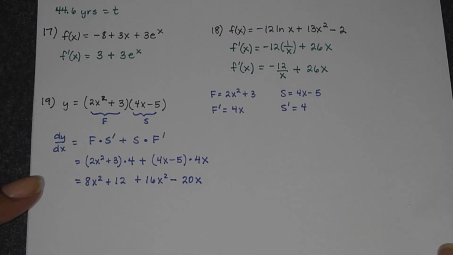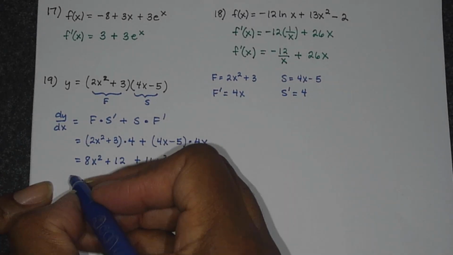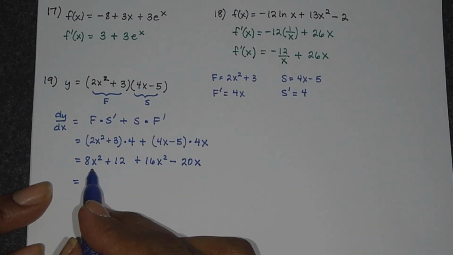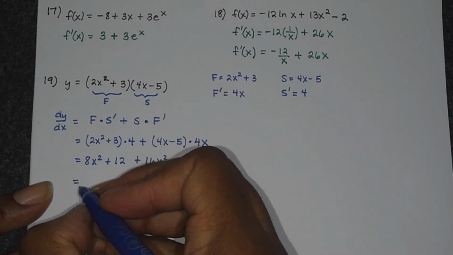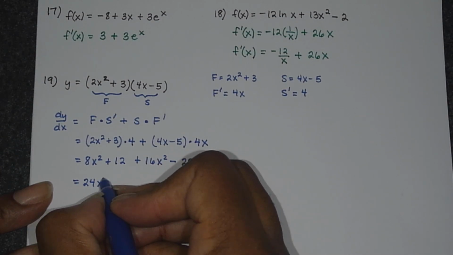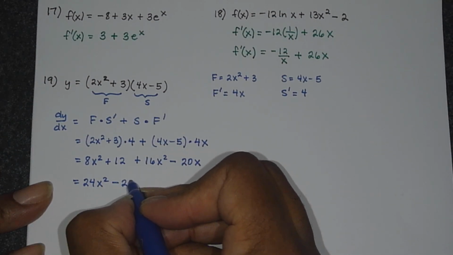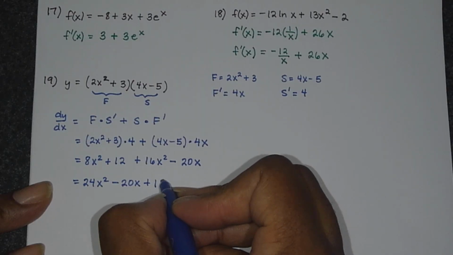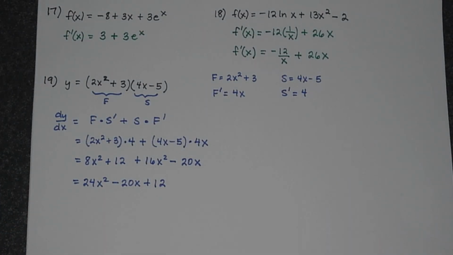Now let's combine like terms: 8x squared plus 16x squared would be 24x squared. The rest is just minus 20x and then plus 12. That's all I can do with that problem. So dy dx will be 24x squared minus 20x plus 12. Any questions about problem number 19?